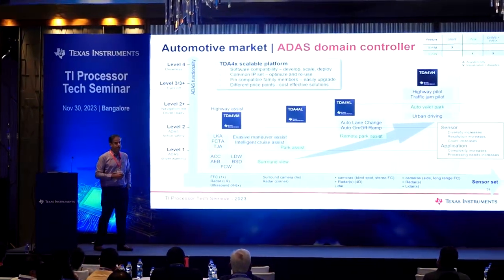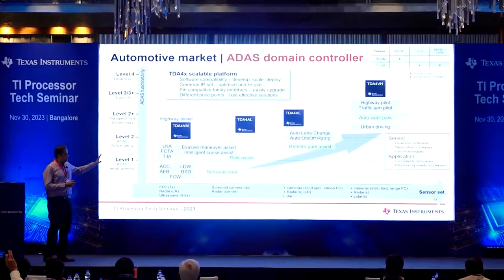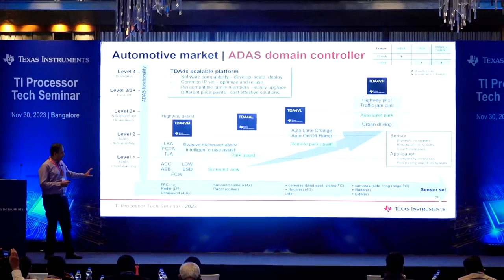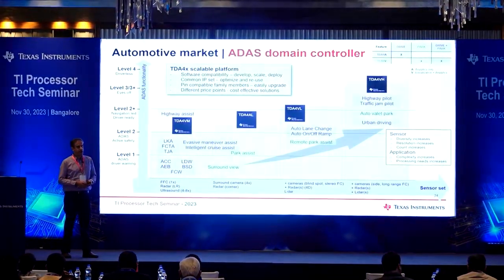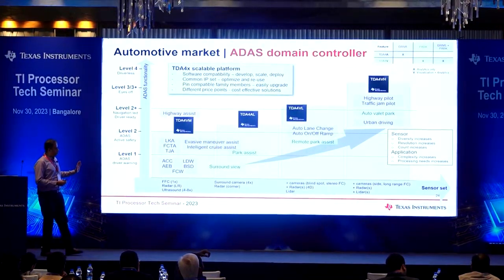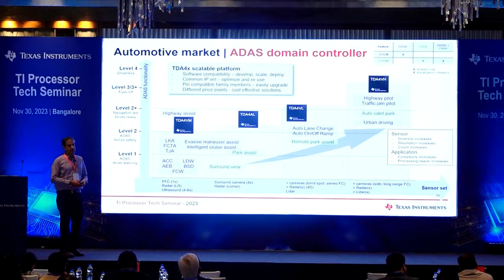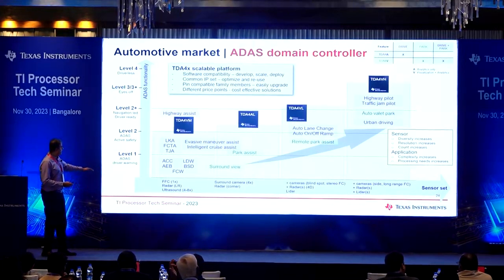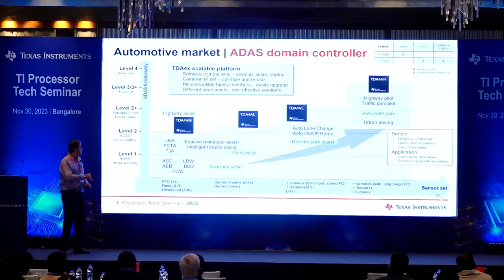In order to understand where exactly TI is playing in the automotive space, let's understand this diagram a little bit. On the automotive side, there is a lot of sensor integration happening, and Artem also touched upon how prevalent this sensor integration is in all kinds of cars, all the way from the high-end to the low-end cars. And then there are also the levels of autonomous driving.